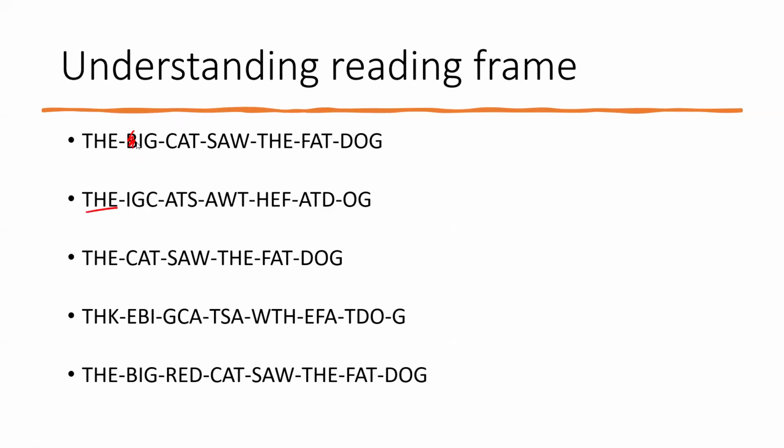The is still fine, but without the B, remember we can only read in triplets. So the next word that forms will be IGC, which I don't know what it means. And then everything else is shifted after that. So this is what we call a frame shift. You shift the reading frame and nothing makes sense anymore.